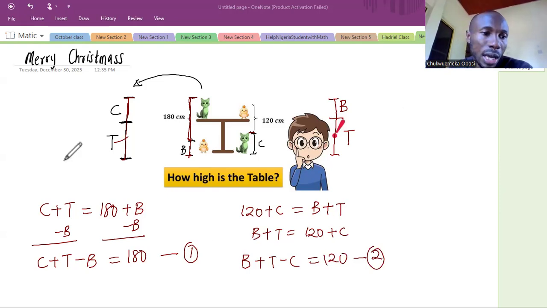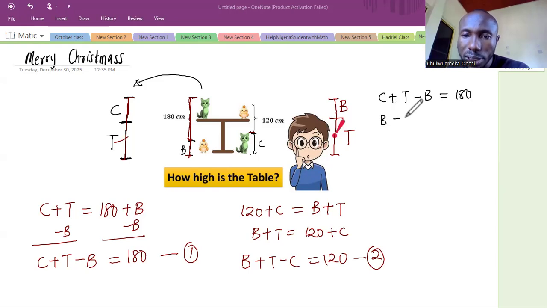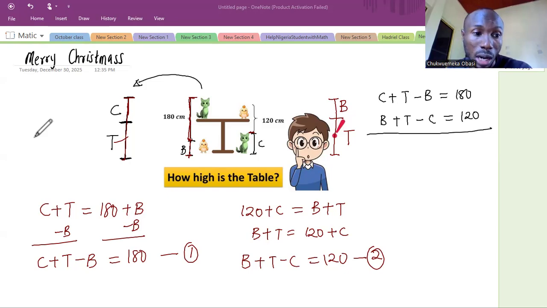Just straightforward. I like to use the black marker ink right here. So I have now C plus T minus B equals 180. And the other equation is B plus T minus C equals 120. Looking at these two equations, some variables are going to cancel out, and let us observe the variables that will cancel.